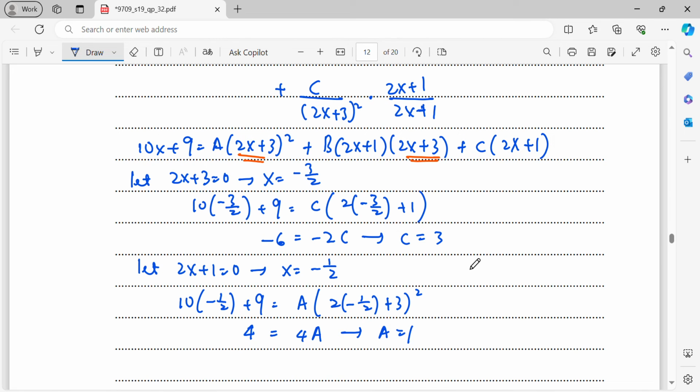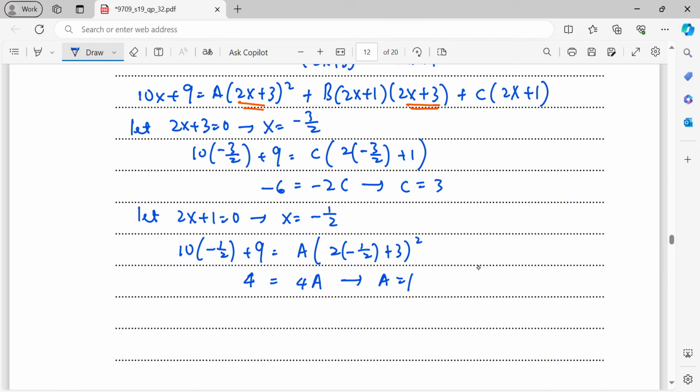Now to get another unknown, which is B, just substitute x by any other numbers because we don't have any other factors. So let x be 0. Left side is 9. So A is 1, just direct replace.